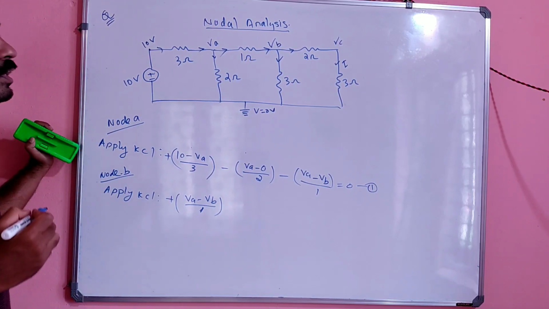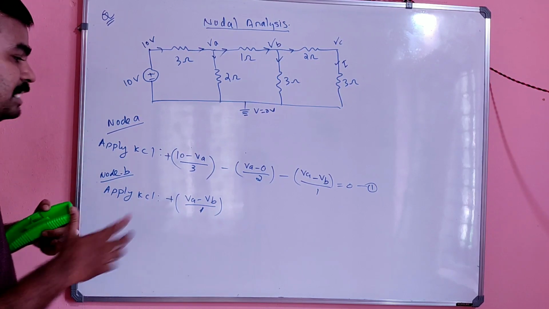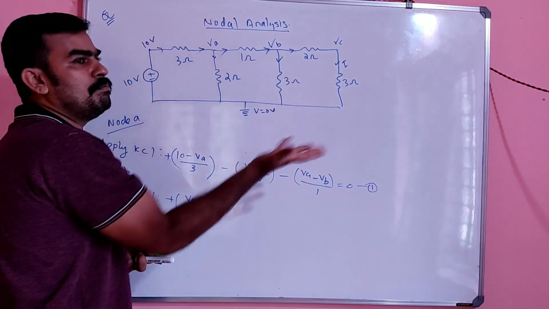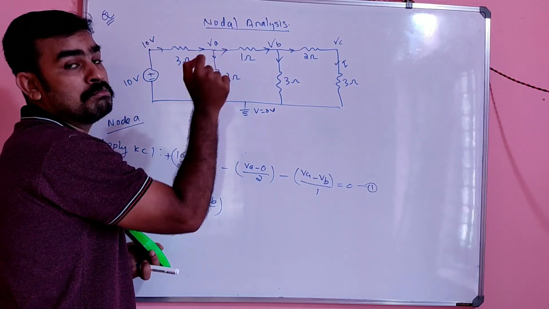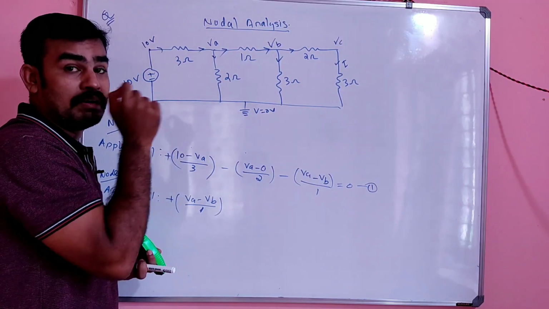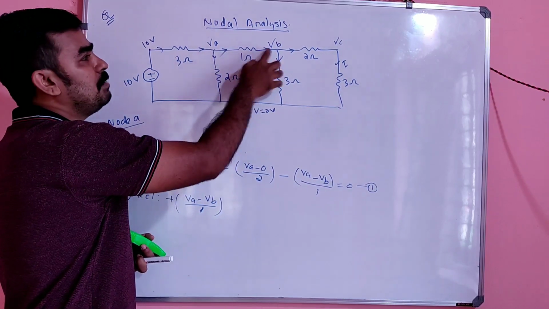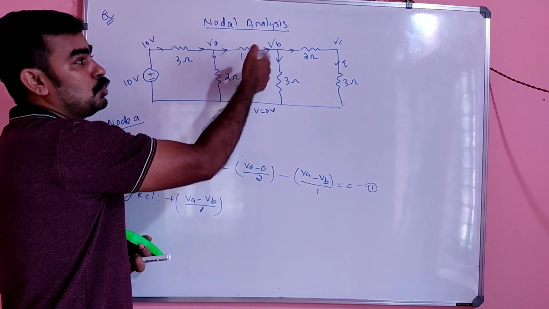Very, very important point here. Many of us have a tendency to write it wrongly, because while considering VB, you may write VB minus VA by 1. Sometimes it's very wrong. You have to take care here, because if you write VB minus VA, it means the current should be in the opposite direction.